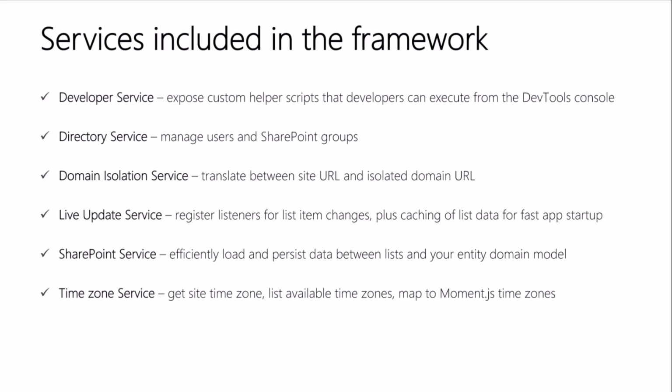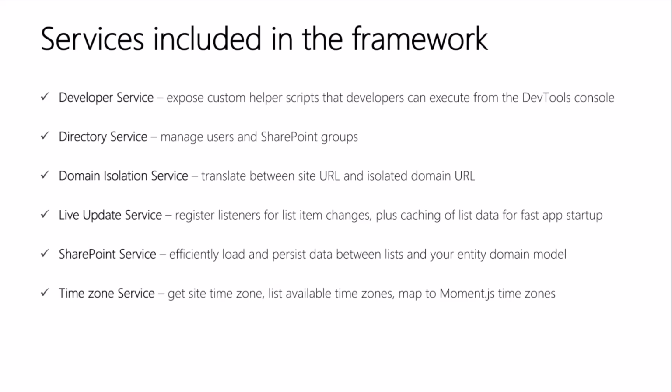Next is the domain isolation service. So domain isolation is a feature in SPFx where your web part runs in a different domain inside an iframe on the page. And that is so that you can have extra permissions that you might want to isolate to your web part's code and not expose to the rest of the page. So this service helps with translating URLs between the main tenant domain and the isolated domain.